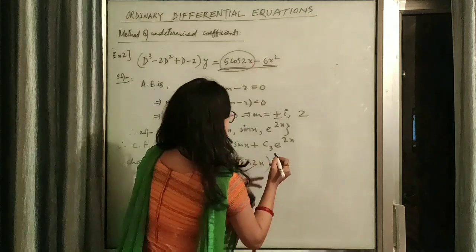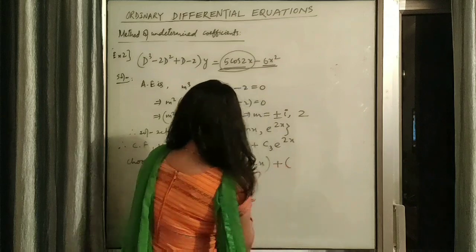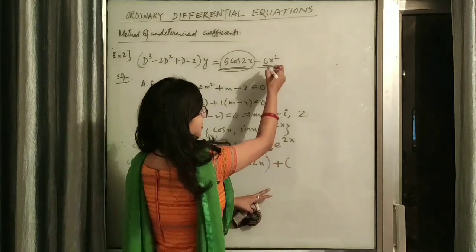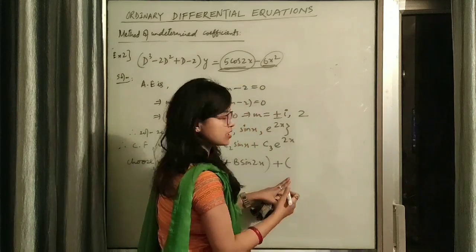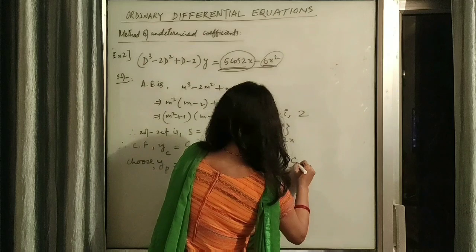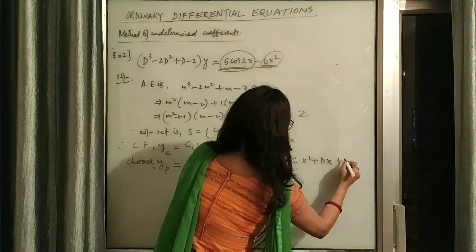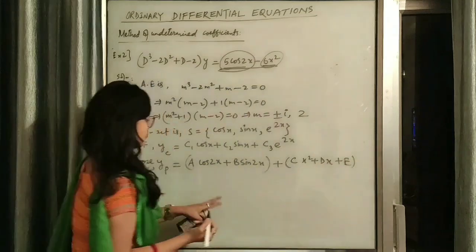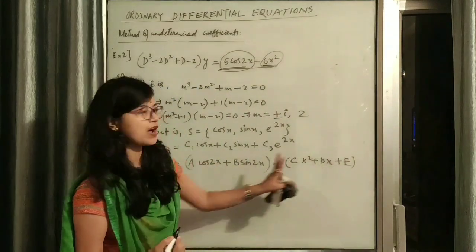For the power function, I have already taken a and b as constants, so for the second degree power function the polynomial will be a second degree polynomial. Let's take c x² + d x + e. So here now we have to determine a, b, c, d, e, total 5 unknown constants.